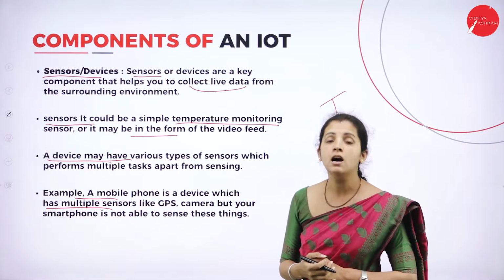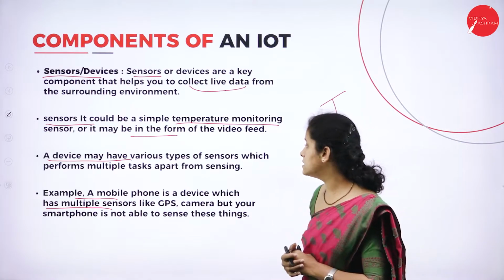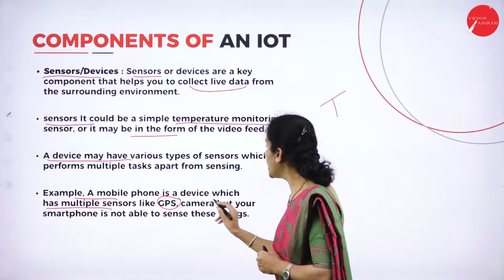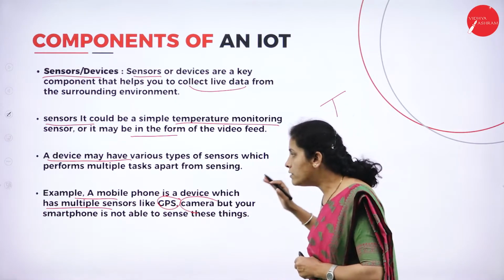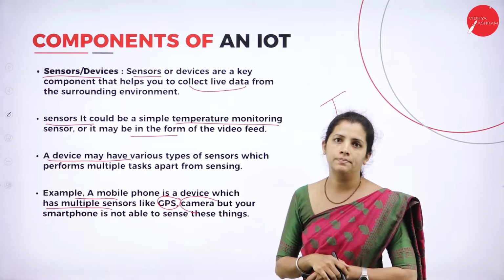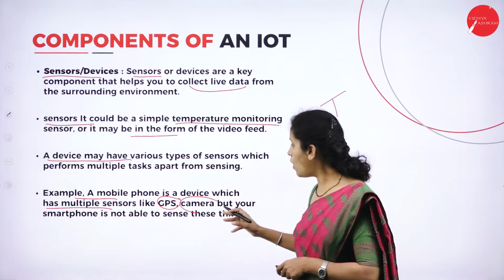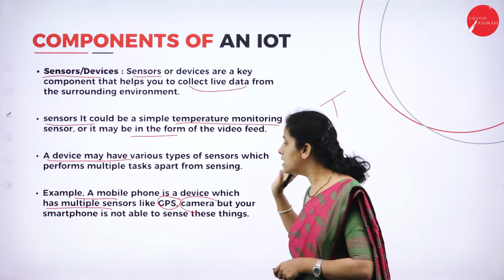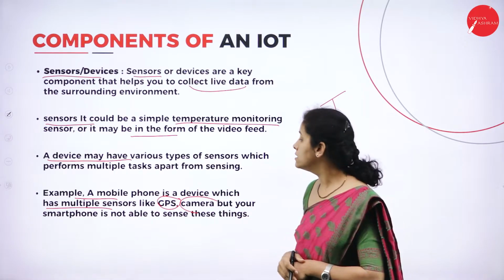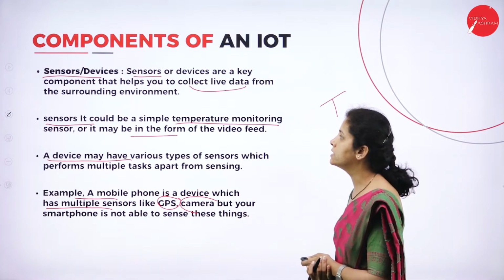Our cell phone has multiple sensors, that is GPS or camera. But the job of the GPS as well as the camera is different. They are not sensors used only to sense things.